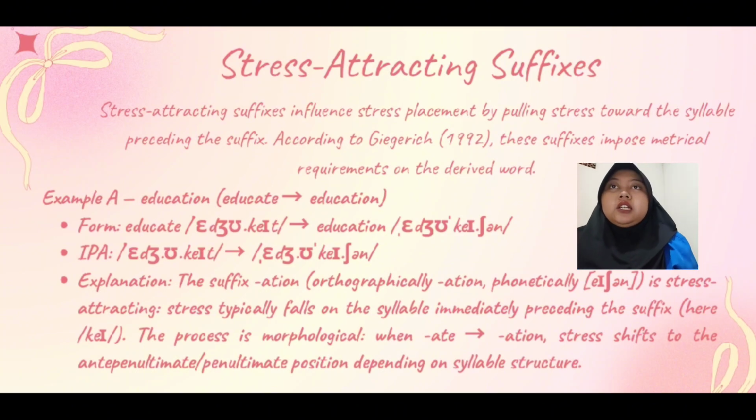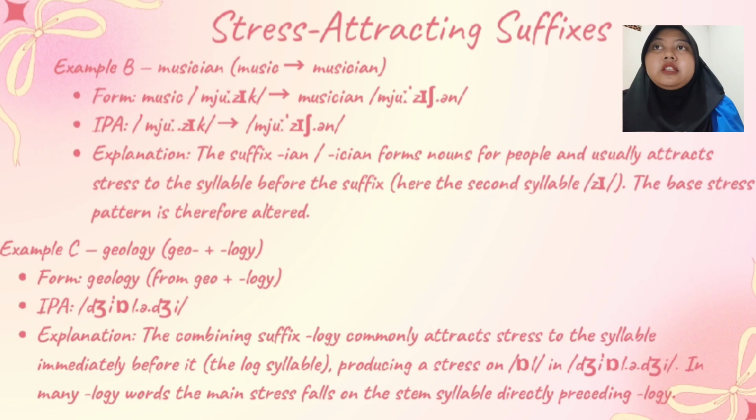Okay. Next, suffixes that cause a systematic shift of stress from the base to a different syllable, often visible when the derived form has stress on a different syllable than the base. Example A: democratic. Democracy to democratic, from IPA democracy to democratic.